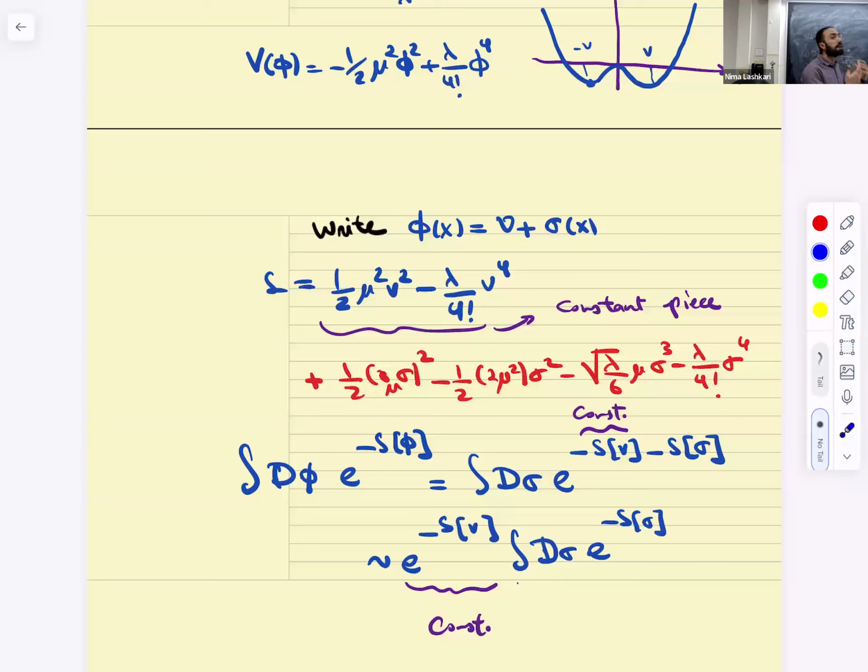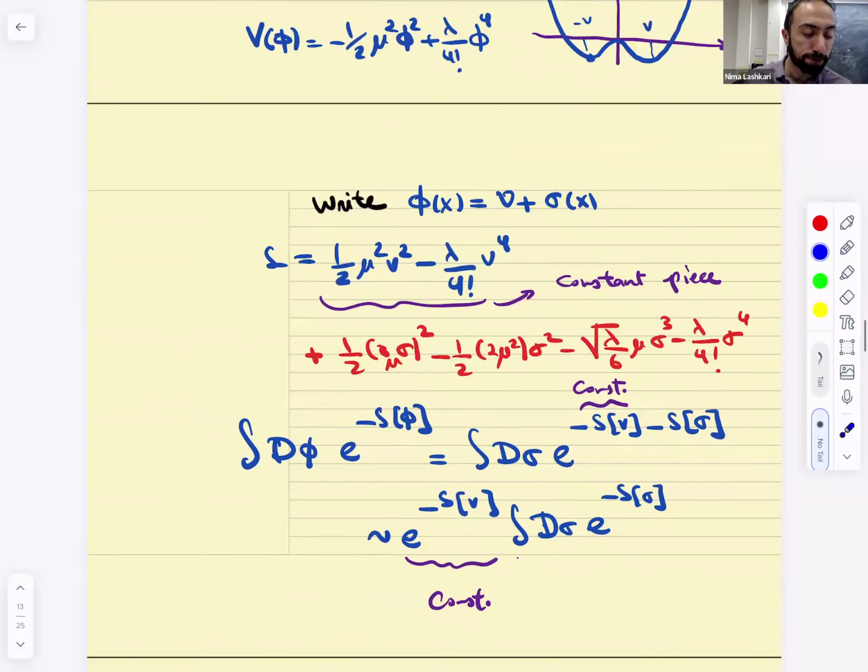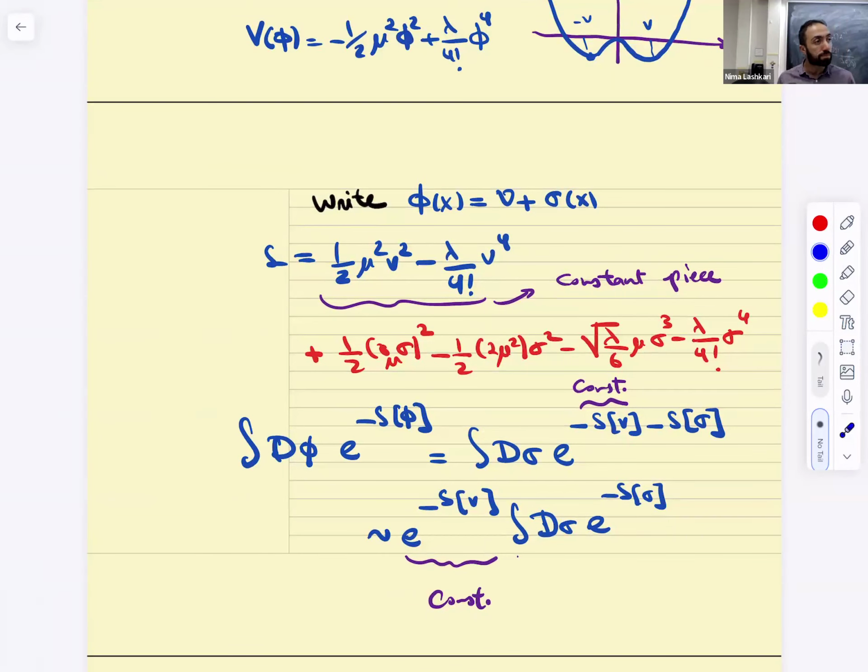There's nothing sick about having a classical potential where the minima correspond to non-zero field phi. There are cases that we're going to study now, and that's where effective action becomes very important. In all of these cases, you always transform variables to be around the minimum point. Yes.